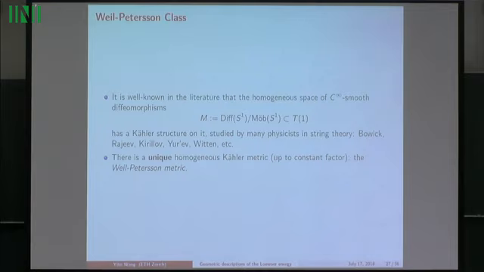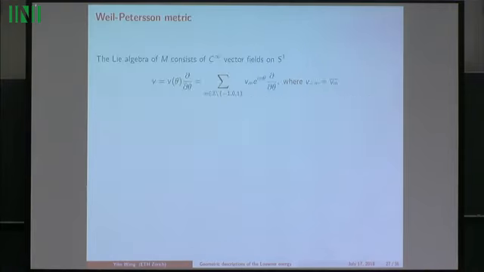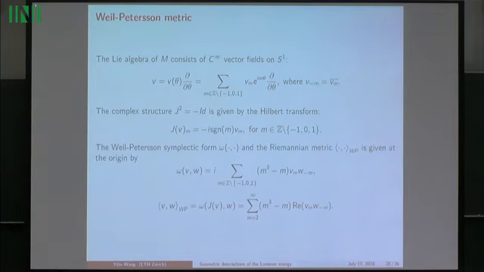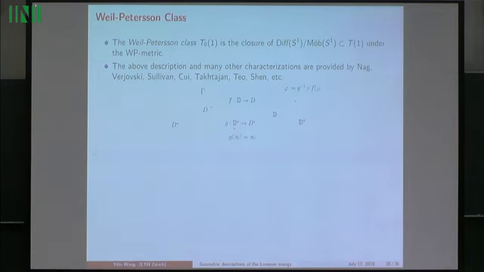If we ask for this to be homogeneous, then there's actually a unique one, called the Weil-Petersson metric. It can be written very explicitly, but as time is short, I will skip it. If you're interested, I can show you later.